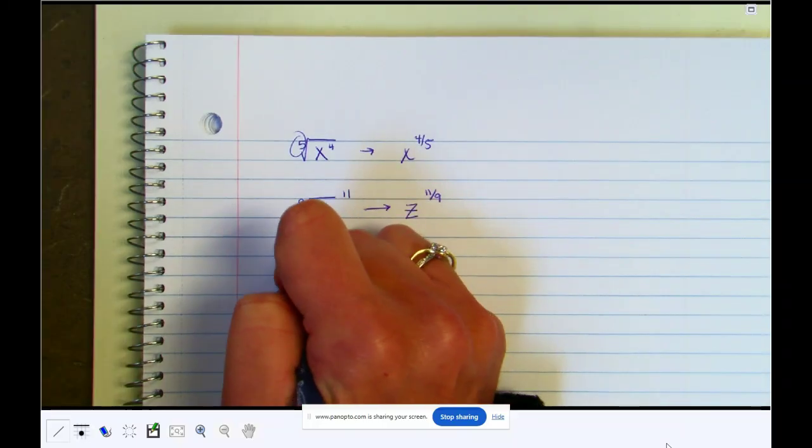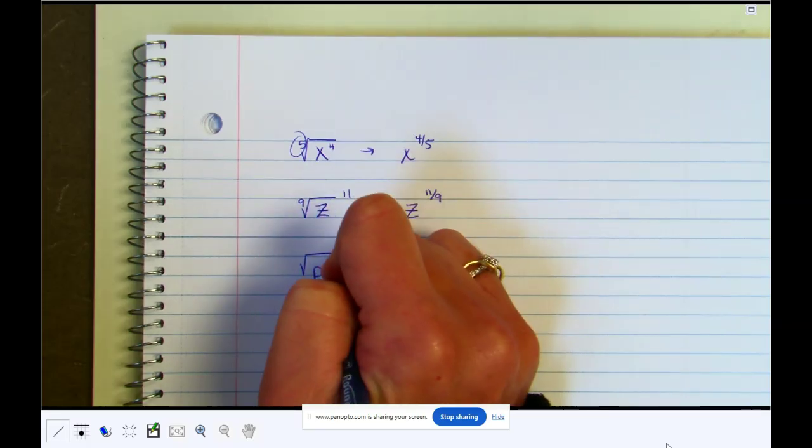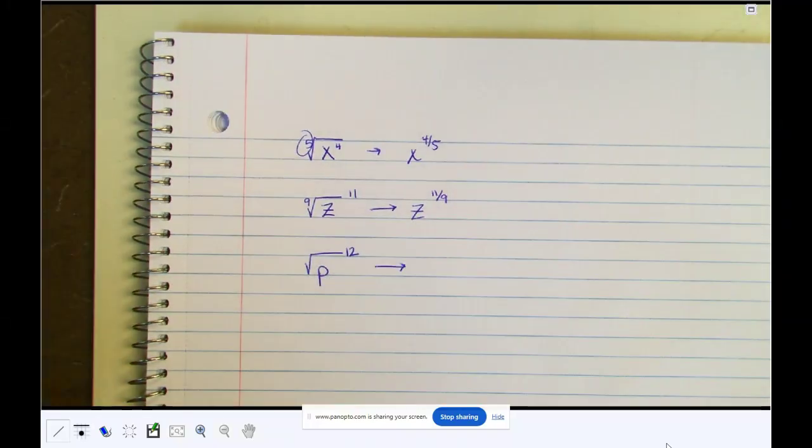So let's say I have the square root of p to the 12th. The square root of p to the 12th. What if you can simplify? Good question. That's why we did this one.